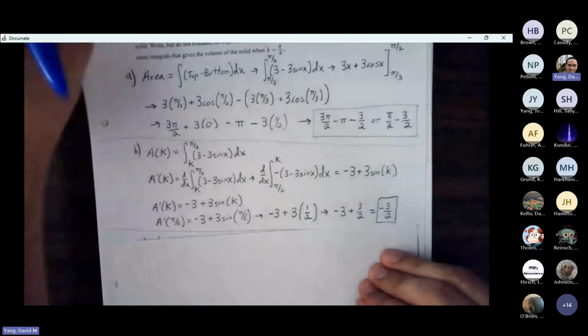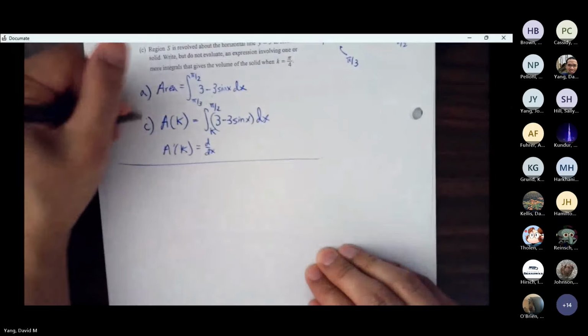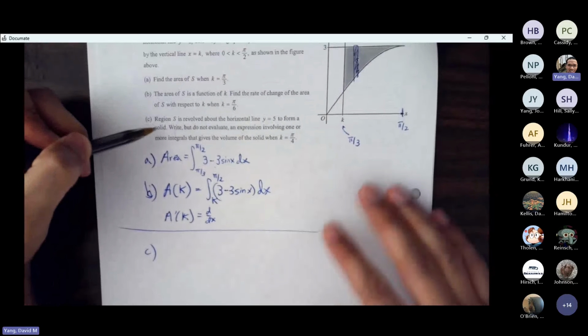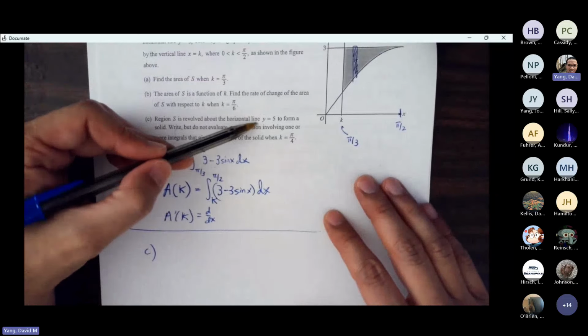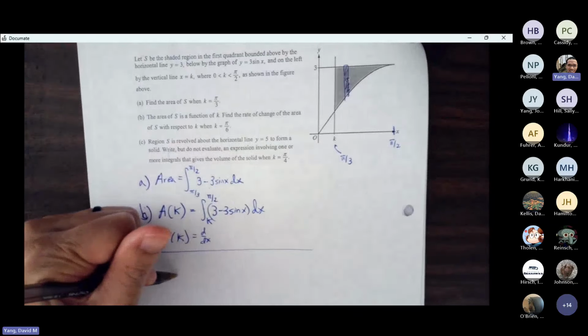Okay, part C. Region S is revolved about the horizontal line y equals 5. So let me draw the diagram again.